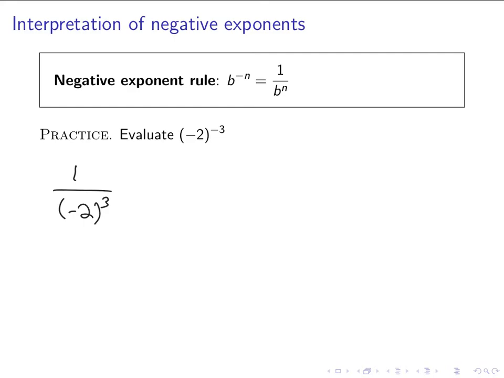This is consistent with the PEMDAS rule, the order of operations. We are basically saying let's worry about the exponents first. Let's not worry about what's inside the parentheses. Let's understand what the exponent is doing as our first priority.